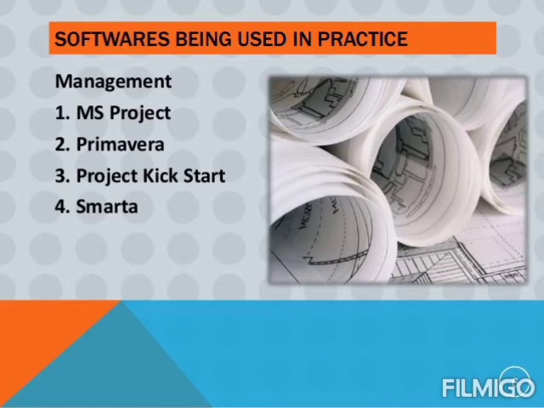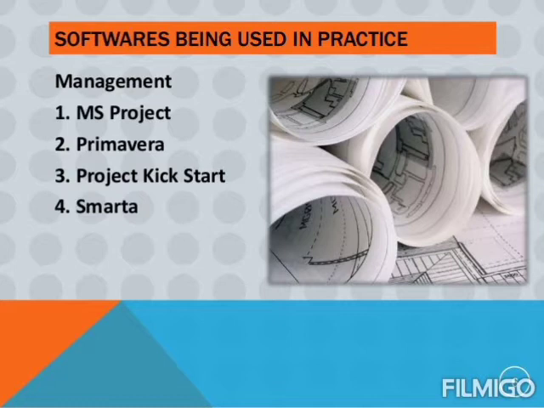Softwares which are used in the civil engineering department. In case of management, softwares are being used in practice in the management department. MS Project. It's a project management software product sold by Microsoft. We basically perform works with records in this software. Primavera. It's an important software for civil engineers.